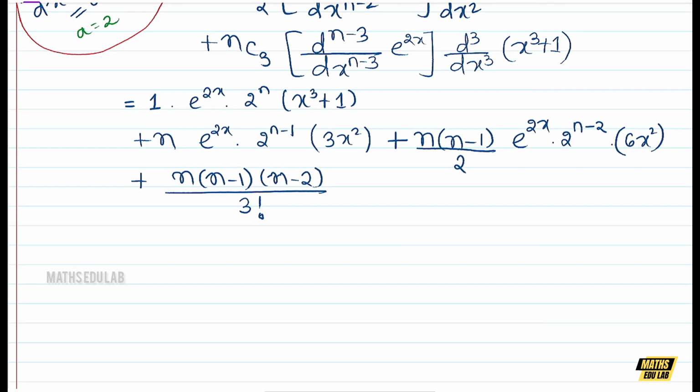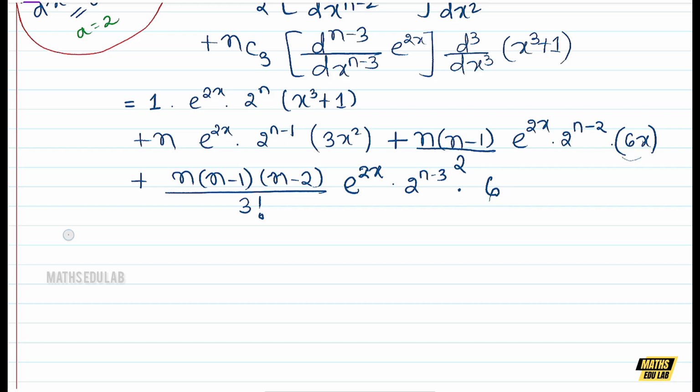Here I have e to the power of 2x into 2 to the power n minus 3 into 6. So after the derivation, for the first derivative we got 3x square, for the second derivative we got 6x, and for the last one we got the value 6.